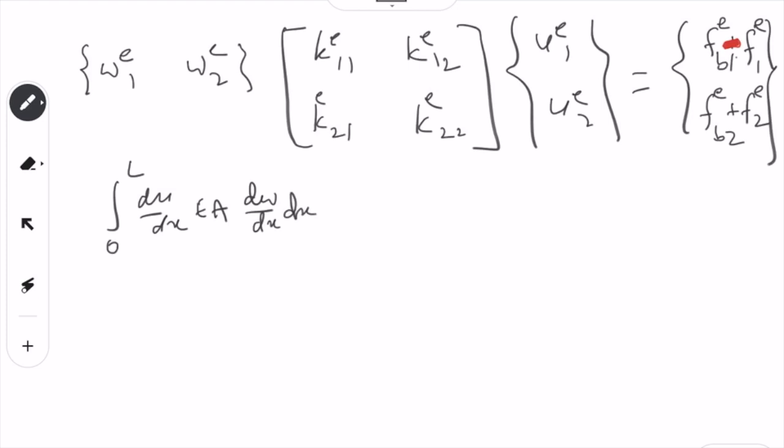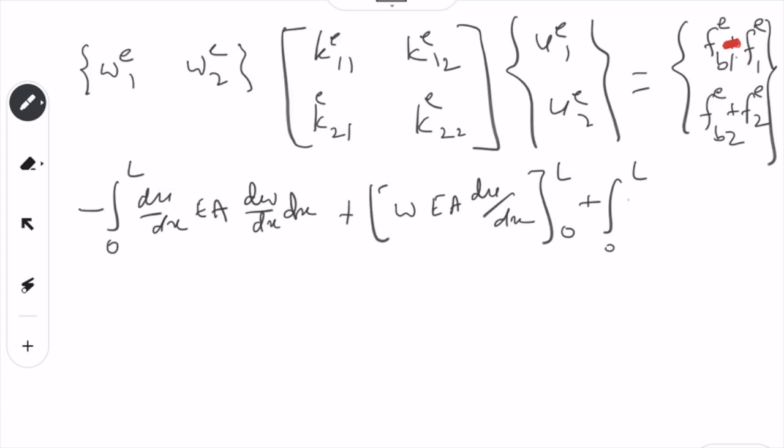We had this term, and then we had this minus this, then we had plus, plus we have w Ea du over dx, and then you have L and 0, right, and then you have plus 0 to L w b dx, all equal to 0.